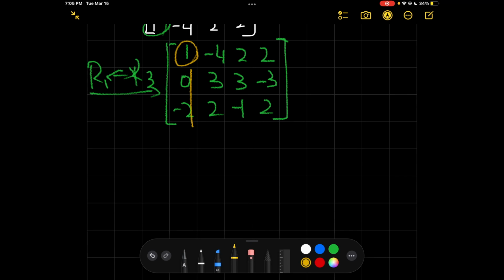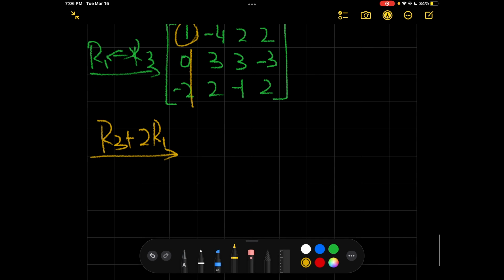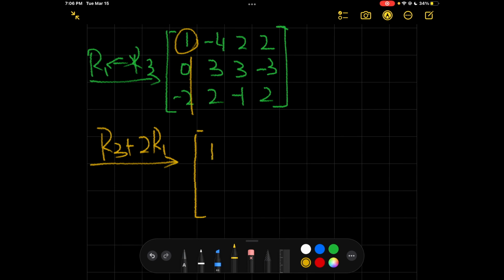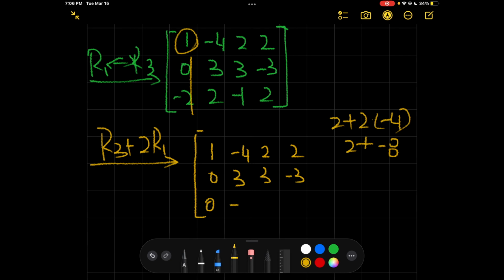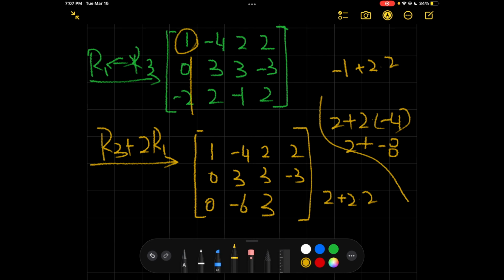What we can do is row 3 plus 2 row 1. 1, -4, 2, 2, and 0, 3, 3, -3, and row 3 plus 2 of row 1, this is 0, 2 plus 2 times -4, 2 plus -8 is -6, and we have -1 plus 2 times 2 is 3, and we have 2 plus 2 times 2 is 6.